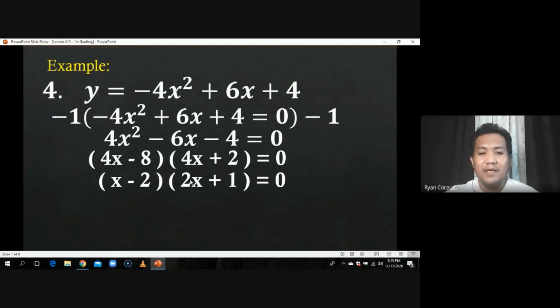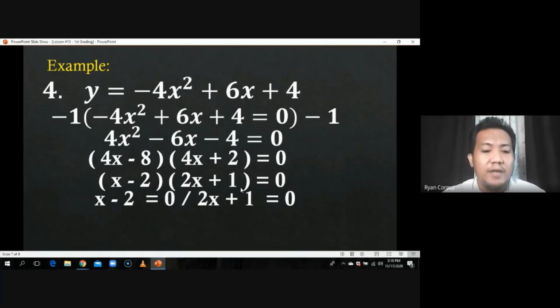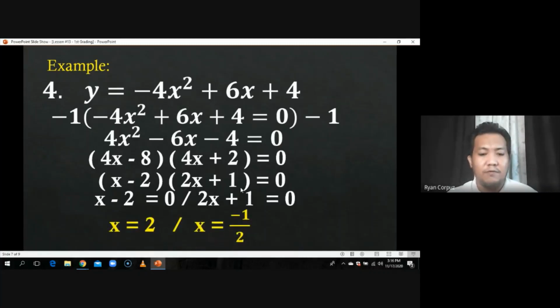So simplifying it, we get 2x plus 1. Then using zero product property, we come up with x minus 2 is equal to 0 and 2x plus 1 equal to 0. And solving for the value of x, we come up with x is equal to 2 and x is equal to negative 1 half.